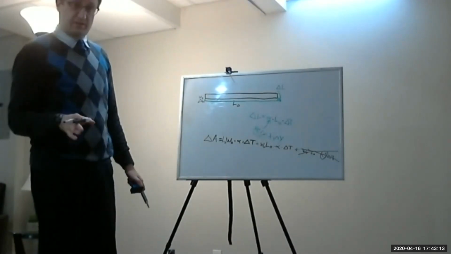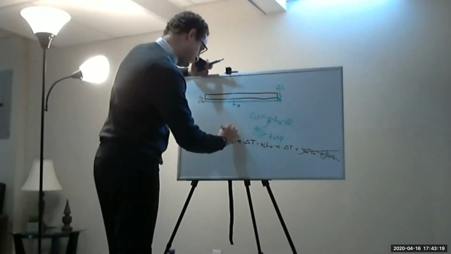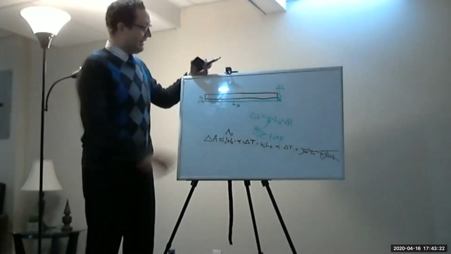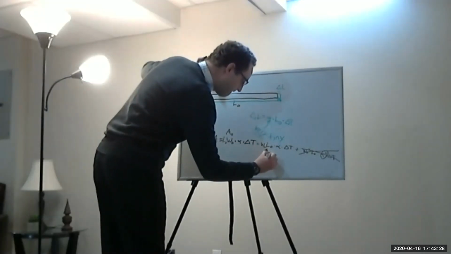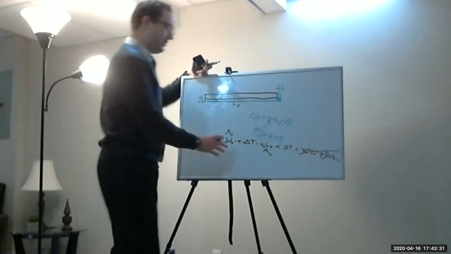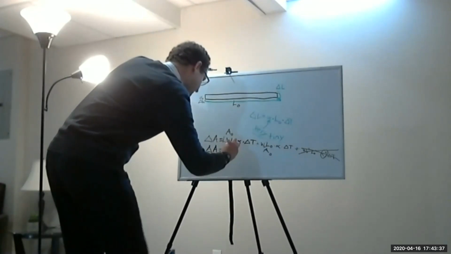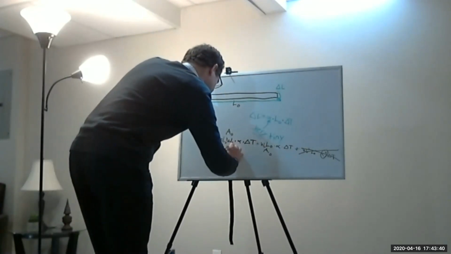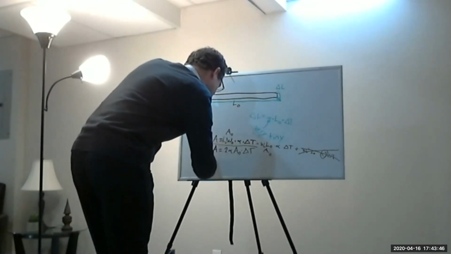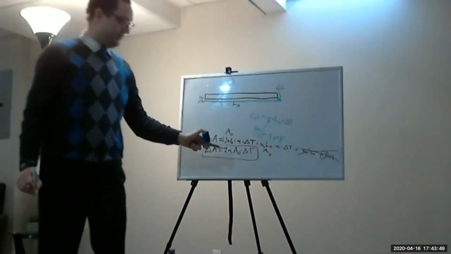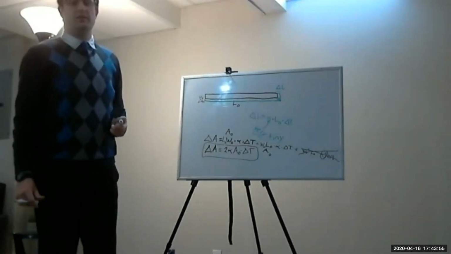Now, I also want to point out one other thing. Look here, L naught times W naught, that's just A naught, however much area I had at the start. And I have the same thing over here, such that what this really reads is two alpha times A naught, my starting area, times my change in temperature.